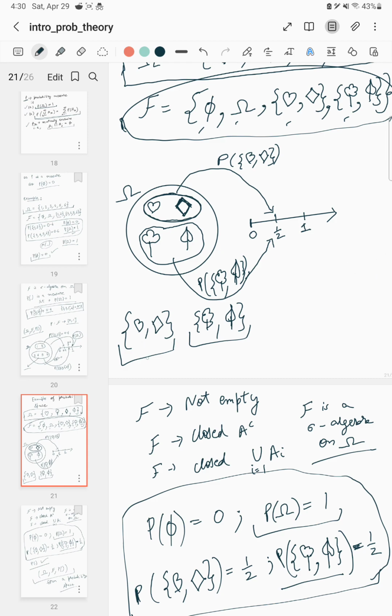So the probability of the union of these should be equal to the sum of the individual probabilities of getting a red card or a black card.